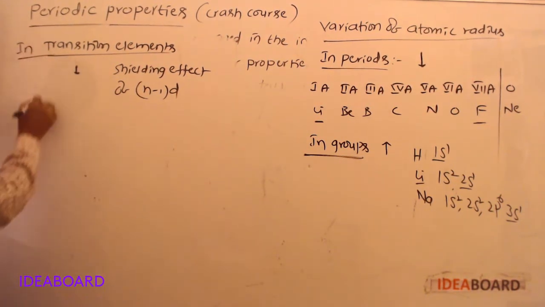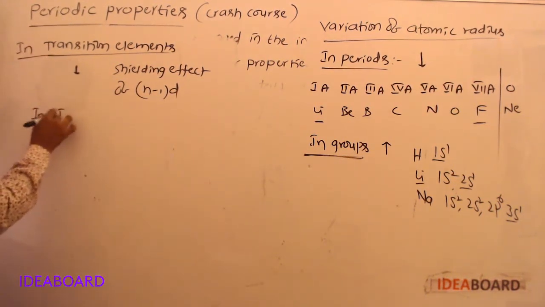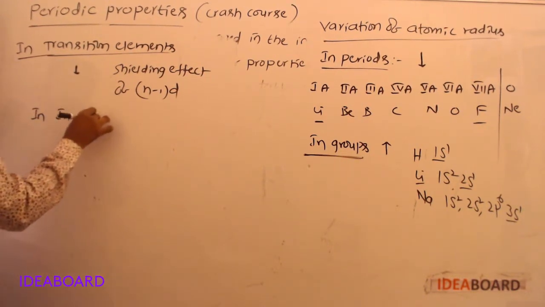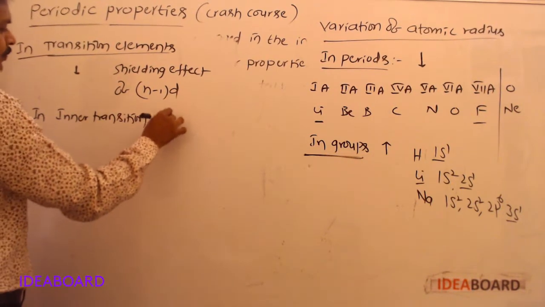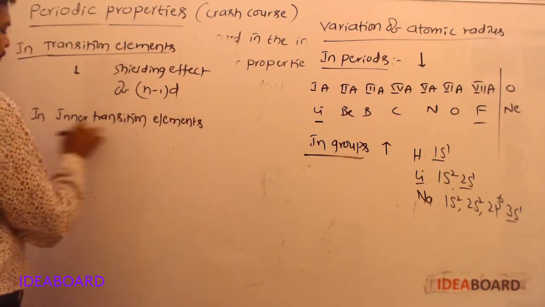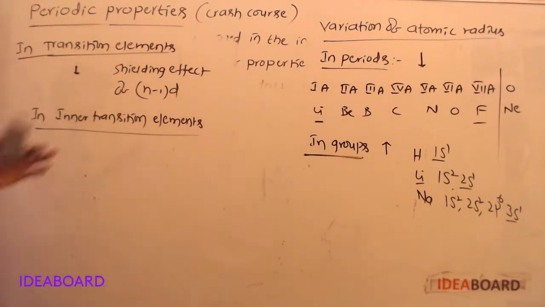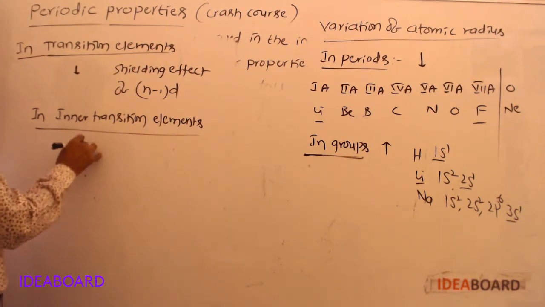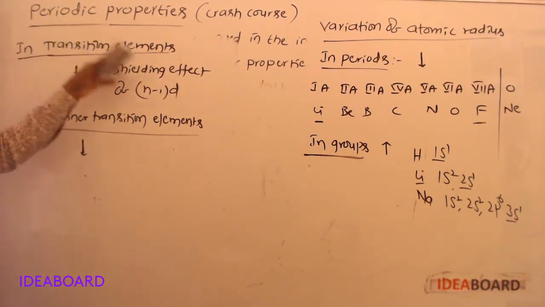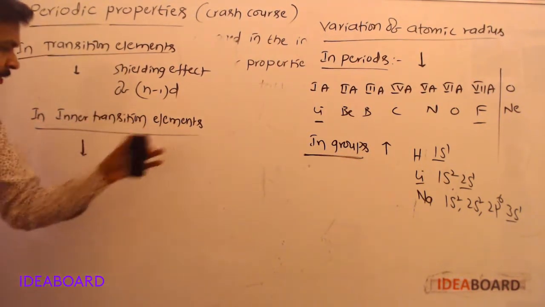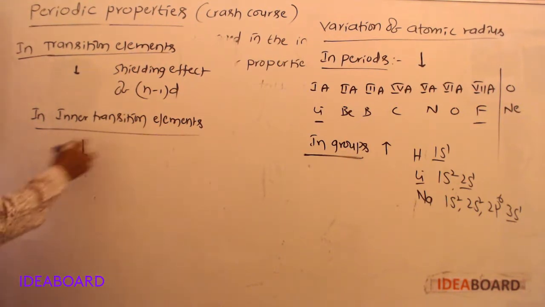Next, in inner transition elements, atomic radius decreases, but the decrease is more. When compared to transition elements, in inner transition elements the decrease in atomic radius is large.